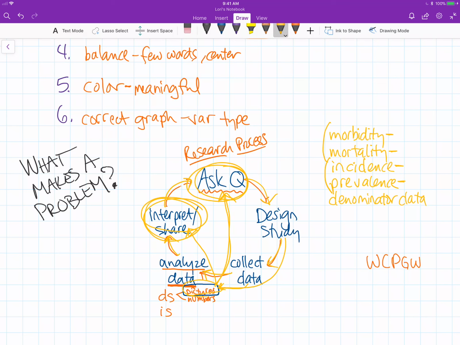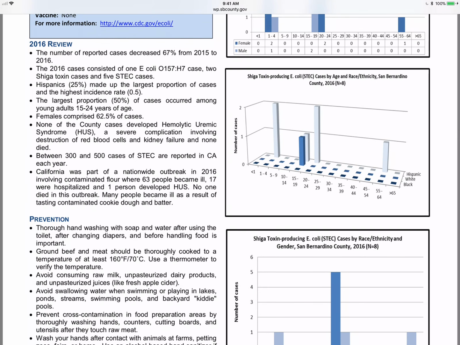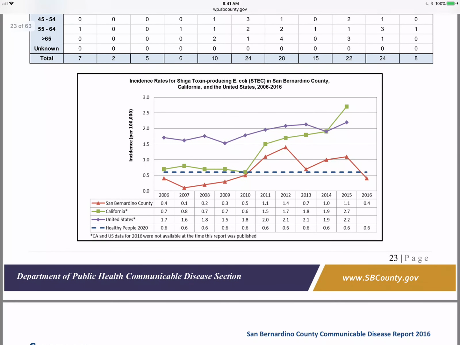The other thing that's important to keep in mind with this particular study is the denominator data, because so many of the tables are reported in cases per, let's find one, incidents per 100,000. If you look at the y-axis on the tables that are showing the comparison between San Bernardino County and California, the United States, and the Healthy People 2020 goal, this really has to be compared to what?